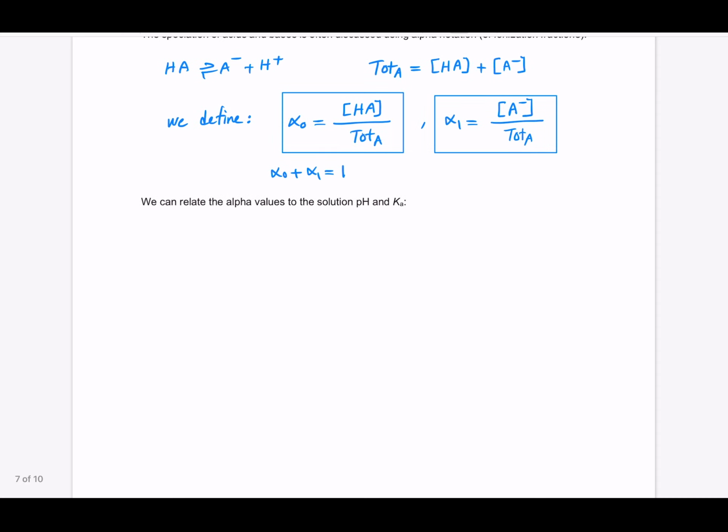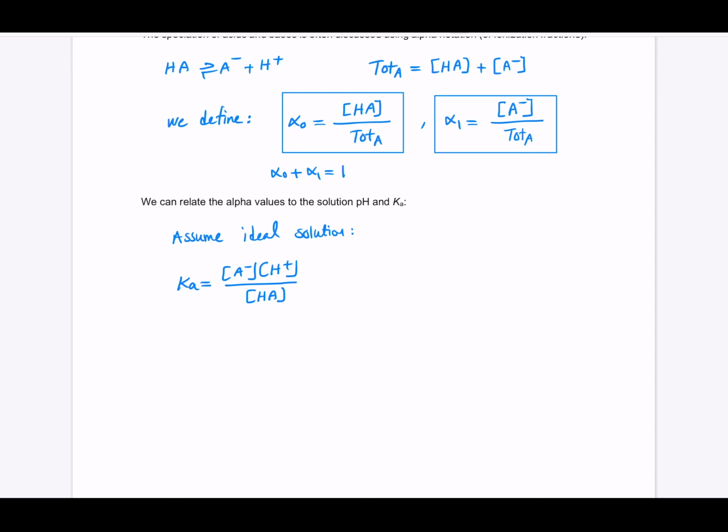So now let's see how we can define alpha, relate that to something that is more easy to work with. So let's first assume ideal solution. So that means we don't need to deal with activity, rather staying with the concentration. So then Ka would be [A minus][H plus] divided by [HA].